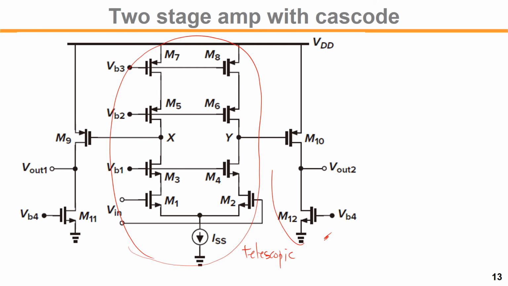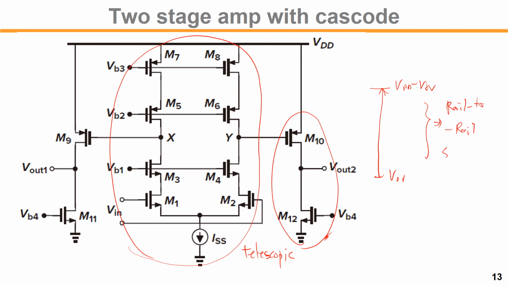So this kind of amplifier structure having maximum VDD minus V overdrive and minimum overdrive is called the rail to rail swing. What is rail? Rail means supply and ground, right? So it can swing up to near VDD and near ground, supported by this kind of output structure. Okay.